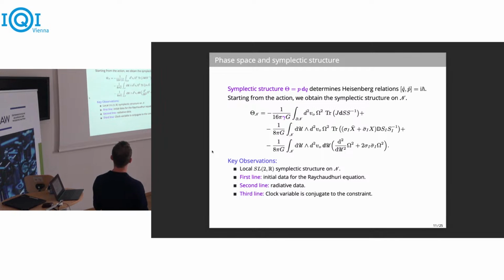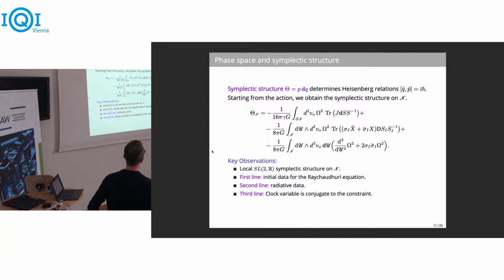And then you obtain the symplectic structure, which in mechanics is just p dq. This bold D denotes differentials in phase space to distinguish them from differentials on the manifold.